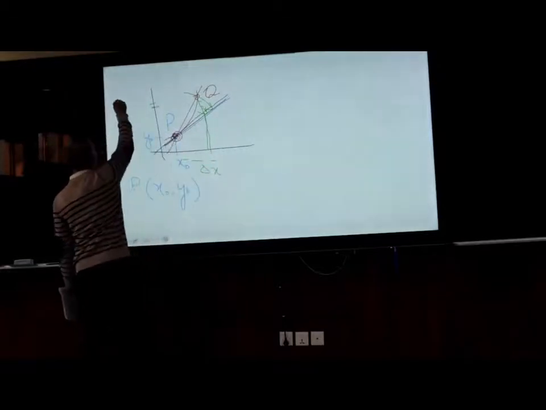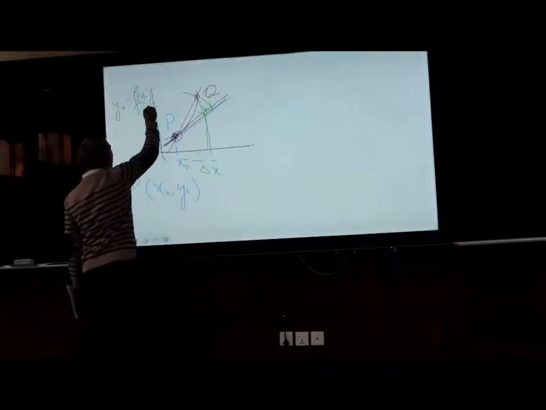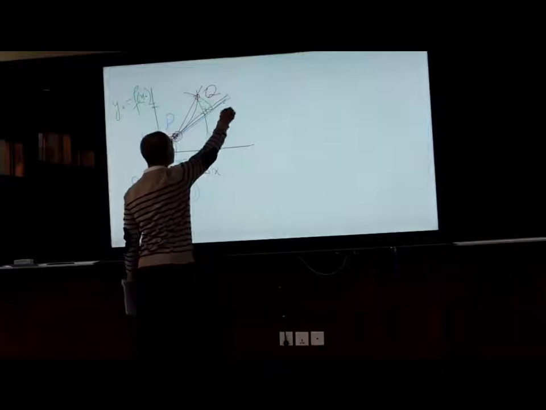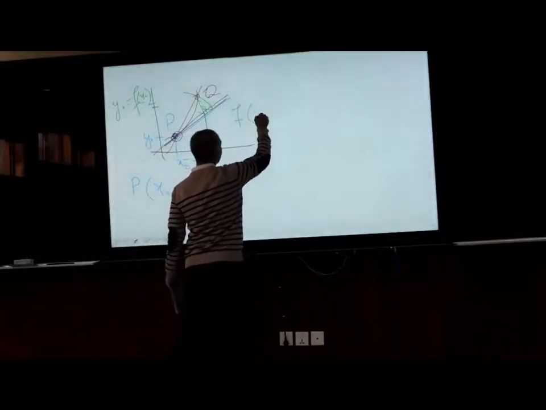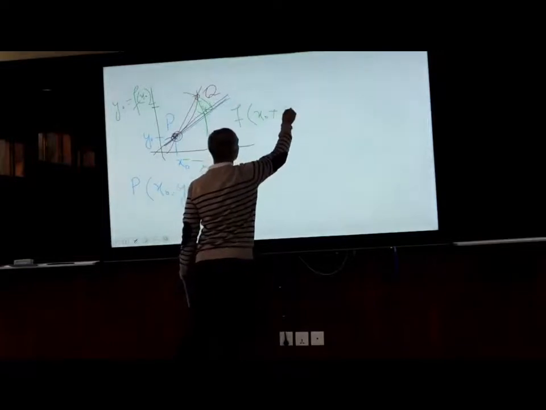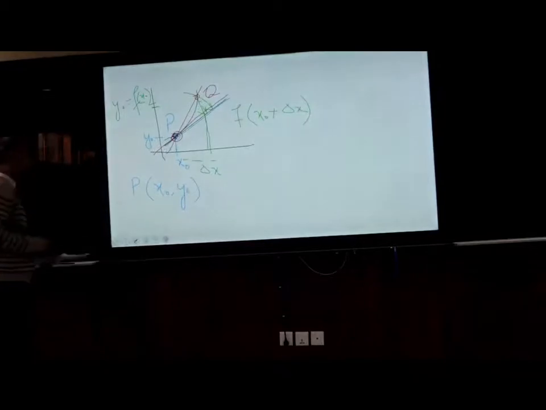Initially it was y naught, f of x naught, but after shifting of Q it becomes f of x naught plus delta x, the total change along the vertical axis.